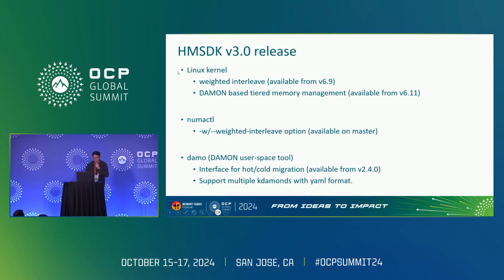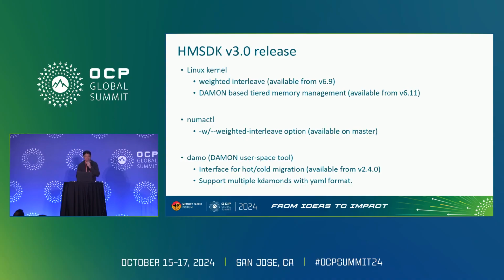I've already covered the Linux kernel part. numactl has a new option, -w and --weighted-interleave. There is no official release after adding this feature, so it is only available in the master branch of the numactl repository. The third one is a demo, which I haven't explained yet.